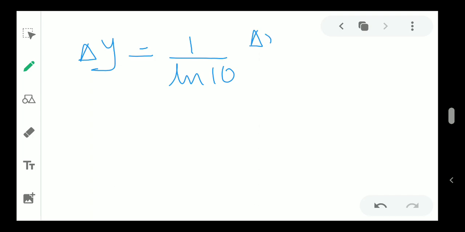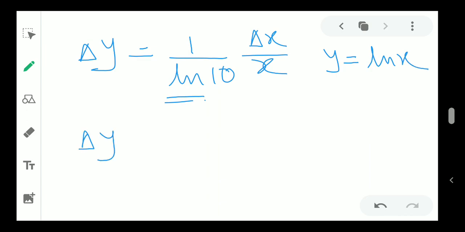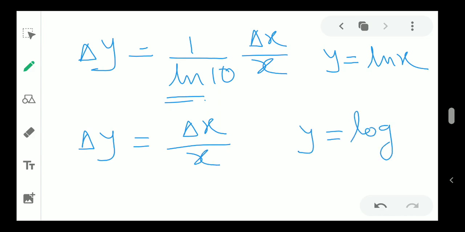So ultimately we will get delta y equal to 1 by ln 10 times delta x by x. This happens only in the case of the ln function. So this happens when y equal to ln x, and the general formula is this one, delta x by x for y equal to log x.